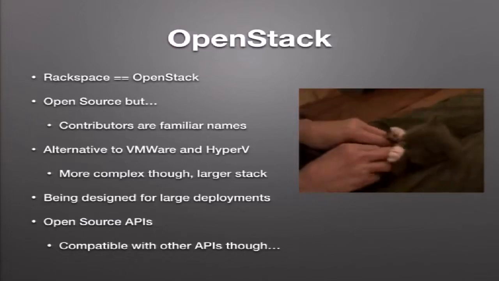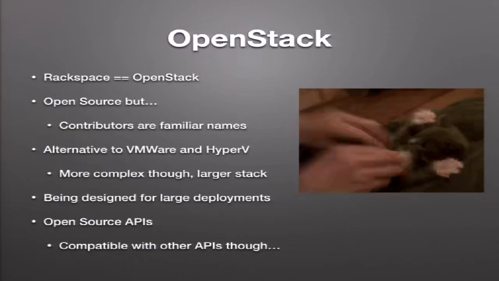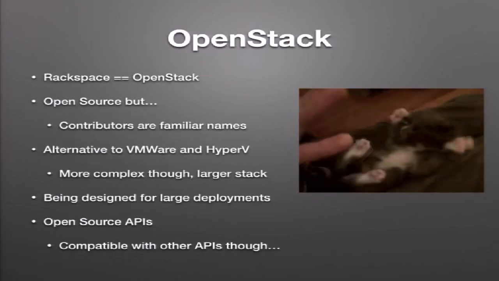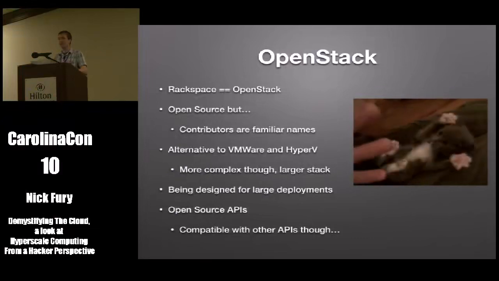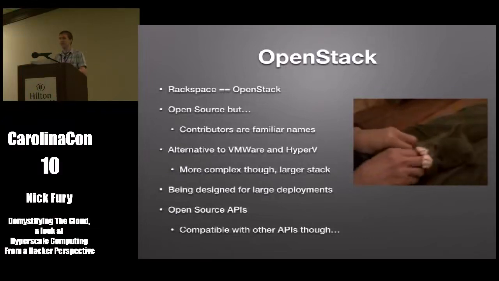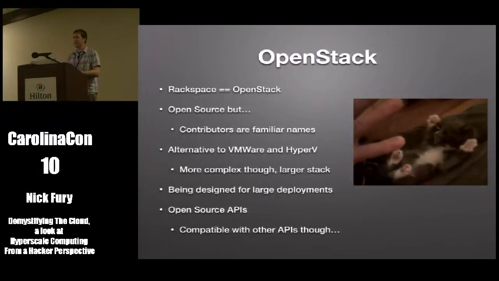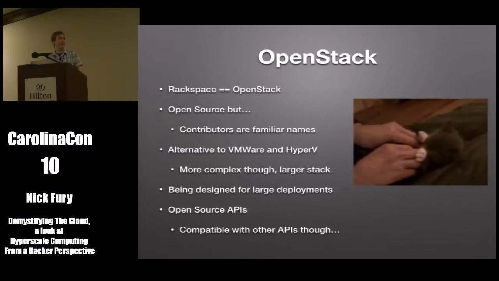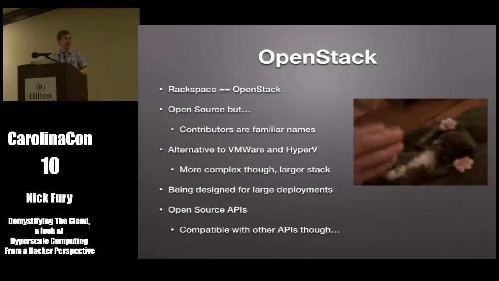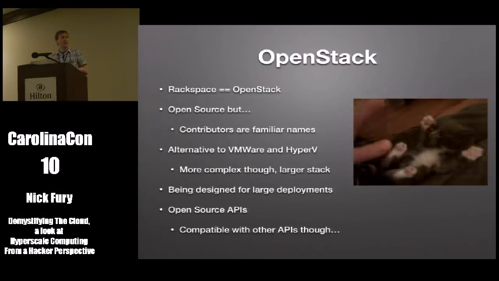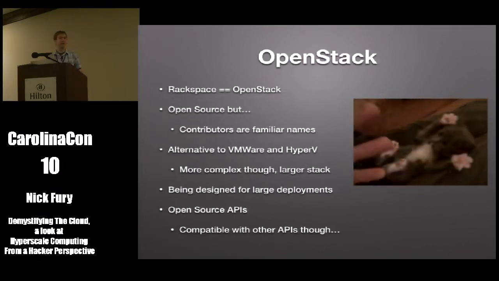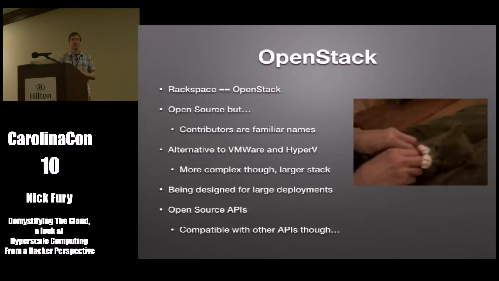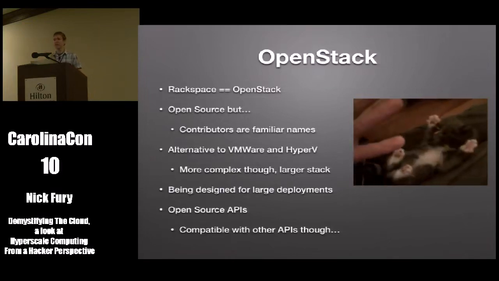So it's very complex. I will tell you that if you have not taken the opportunity to go look up OpenStack previously, go do that. It's a big thing. It's going to continue to be a big thing right now until companies realize that hosting their own stuff is really expensive and they should pay somebody else to do it, which they're starting to. It was designed for massively large deployments. So it's based around open source APIs, and in particular, it's compatible with other APIs.